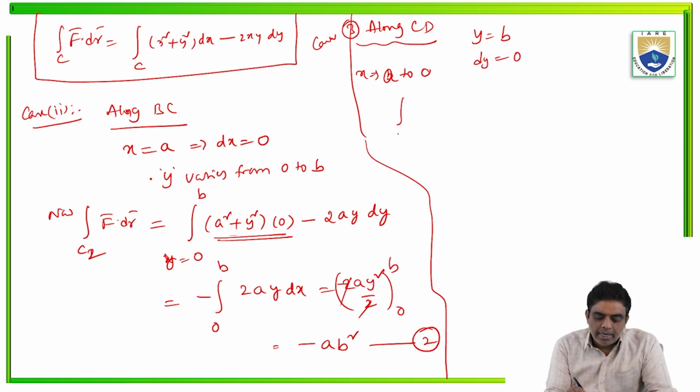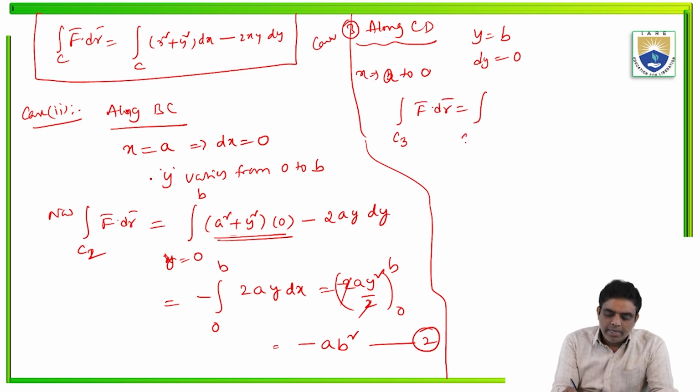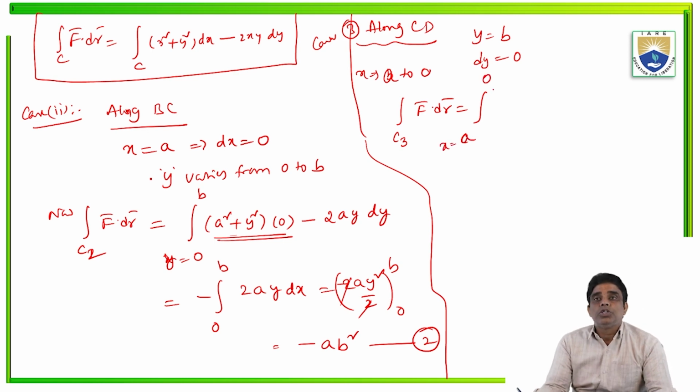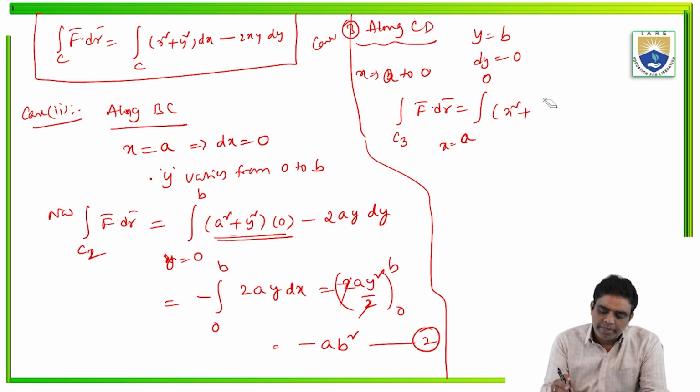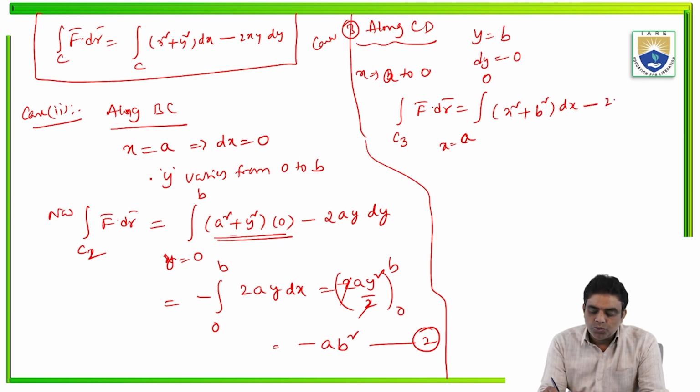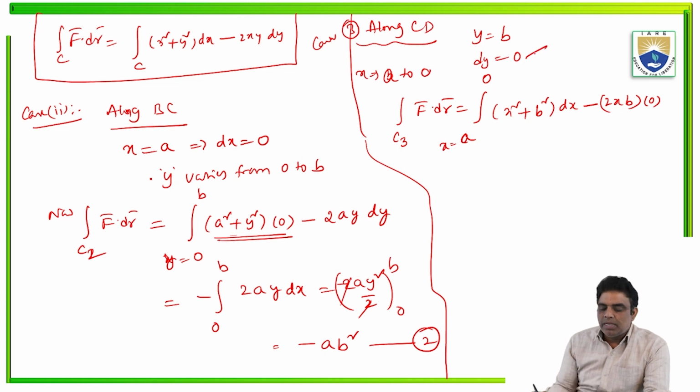Now the integral along C3 of F bar dot dr bar is equal to the integral where x varies from a to 0. And what is the function? x square plus y square. What is y square? We can replace y by b. So it will be b square dx minus 2 into x into b into dx, and dy is 0.